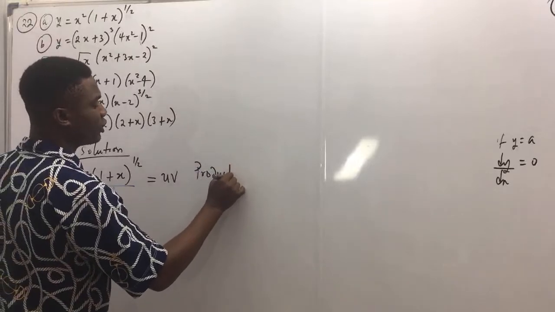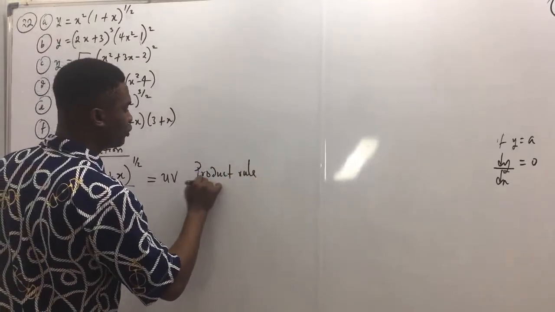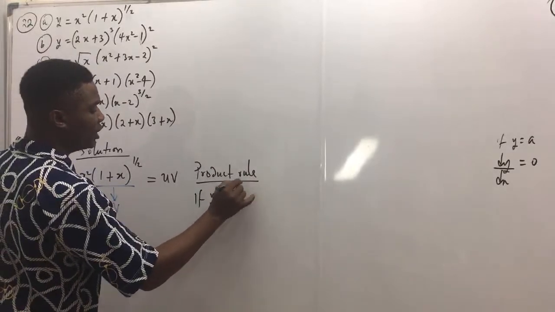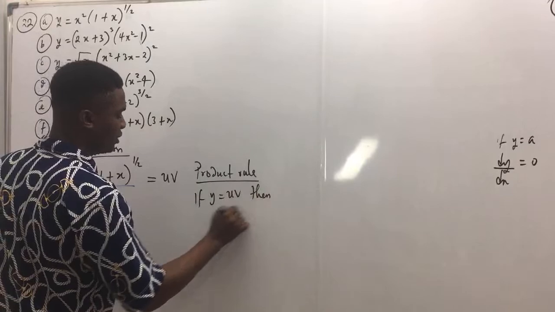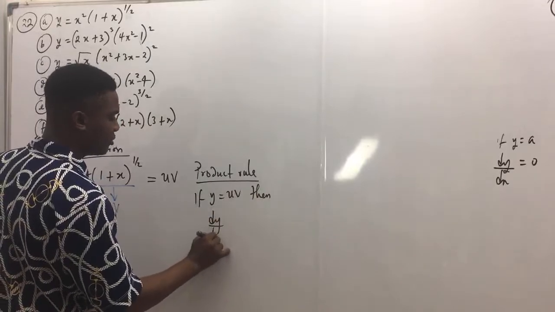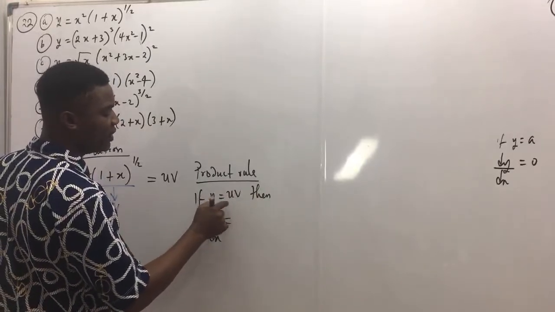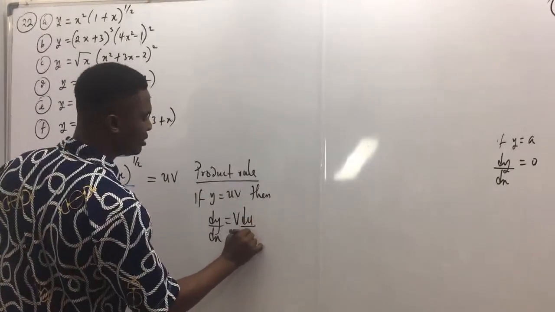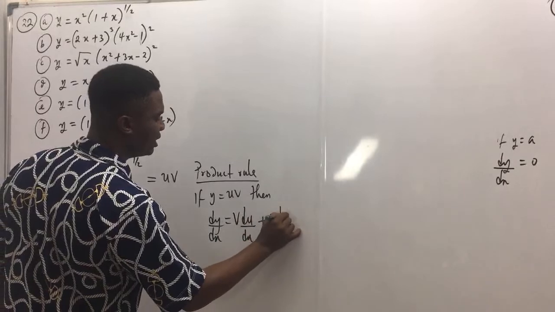So I'm going to put here product rule. By product rule, if we have y equals uv, then dy dx, if y, u, and v are dependent on x, then dy dx will be v du dx plus u dv dx.